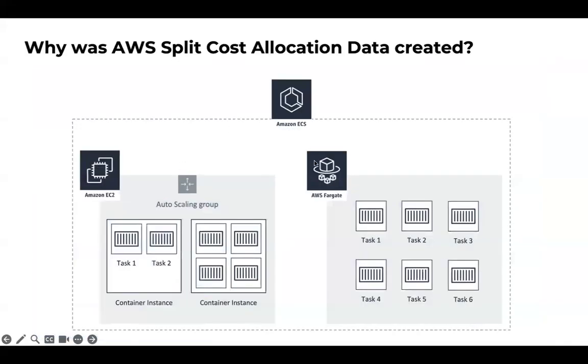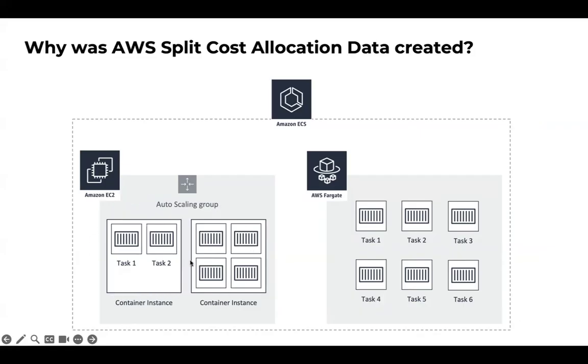So this shows those two serverless and server-based modes. On the right is the serverless mode, which is the Fargate mode, and it shows some containers. In this case, there are 6 container tasks running, and on the left, it shows the same 6 container tasks, except that they're running within the context of an EC2 instance.